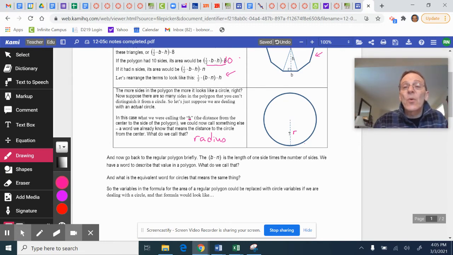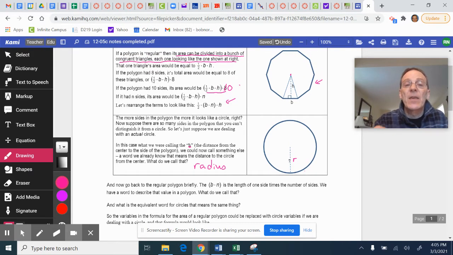And now let's also go back up to the polygon briefly. The b times n part of the formula for the total area of the polygon, which I put in parentheses, that's the length of one side, which is the b, times the number of sides in the polygon. That's what the n stands for, the number of sides in the polygon. So if we're multiplying one side length by however many side lengths there are, there's a word for that total length around the polygon.